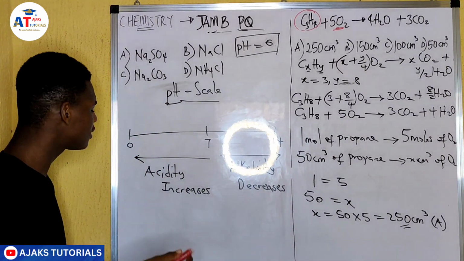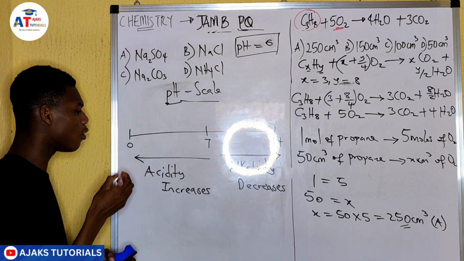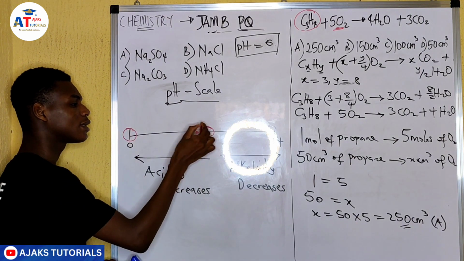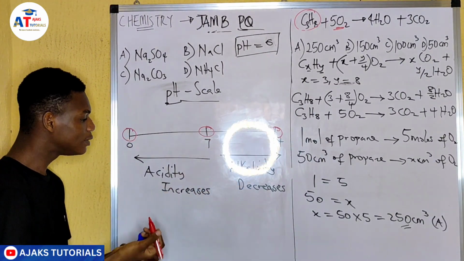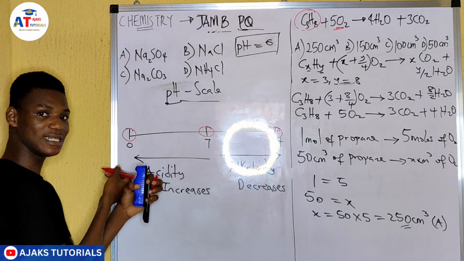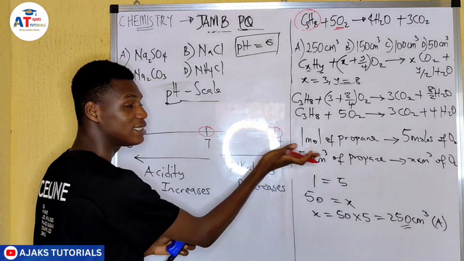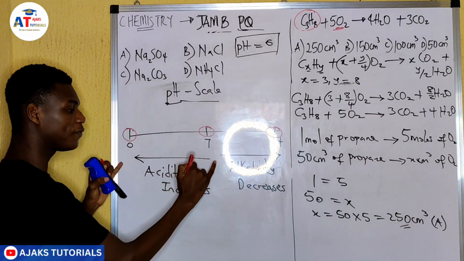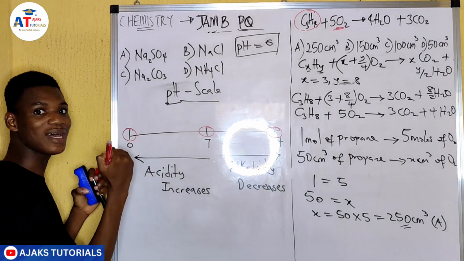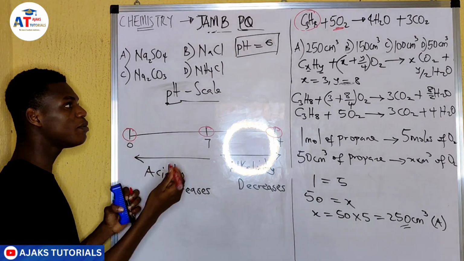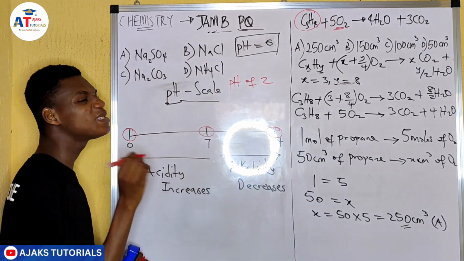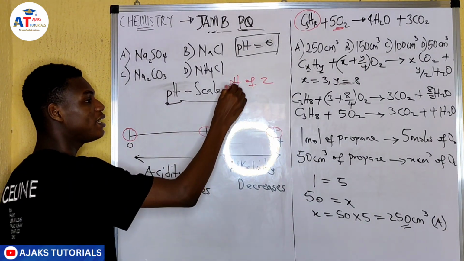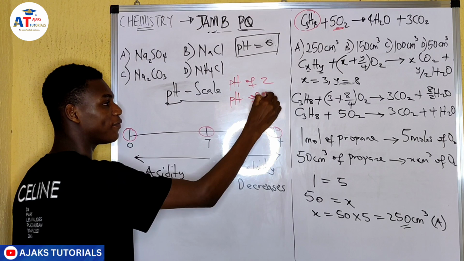Alright? So let me use this other marker so you're going to see it properly. Now, from 0 to 7, acidic. From 7 to 14, basic. Now, this means acidity increases and alkalinity decreases. If you are coming from 7 to 0, your acidity is increasing. This simply means that a pH value of 2 is more acidic than a pH value of 5.